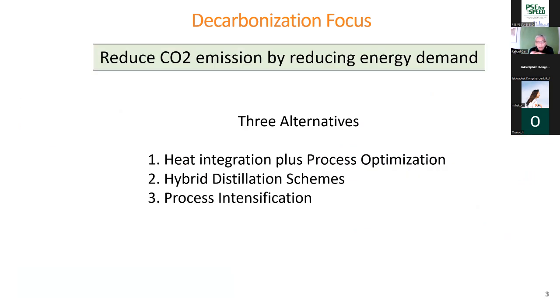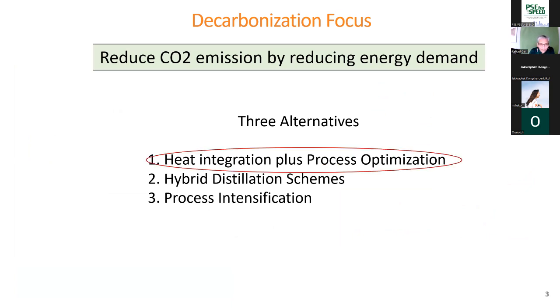So the workshop has, and my lecture also has 3 parts: heat integration plus optimization, hybrid distillation schemes, process intensification. The objective of all of these is to reduce the energy demand and therefore reduce the CO2 emission. And we will see why we have chosen those, because they have also a reason for it.